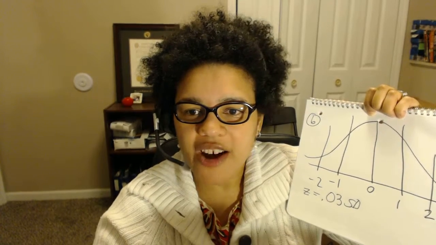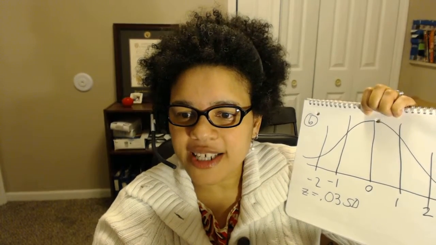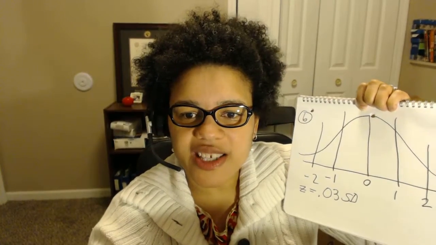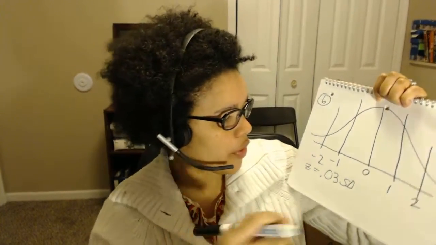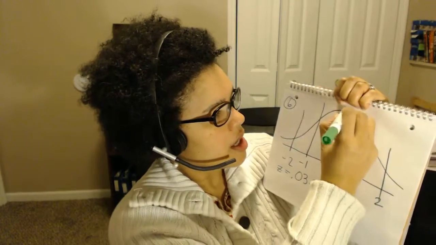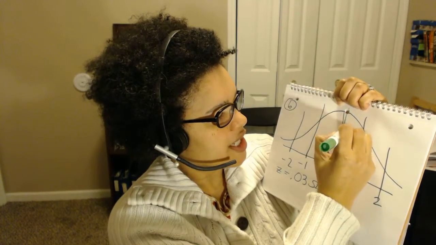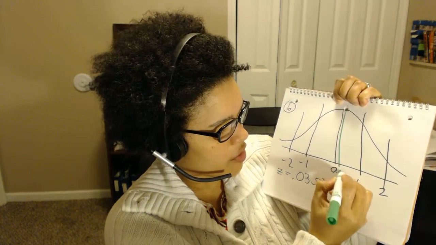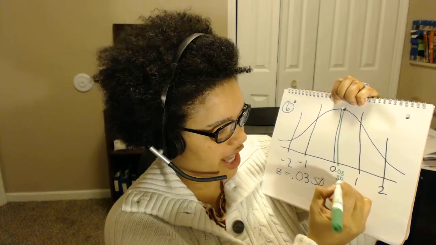Okay, so now I need to go back to slide 5 to the table. I see where z equals 0.03. Oh, let me draw my representation of this person's height at 0.03 standard deviations.